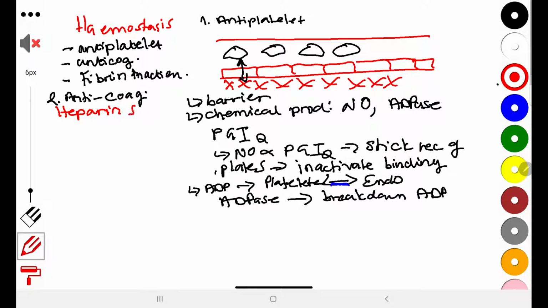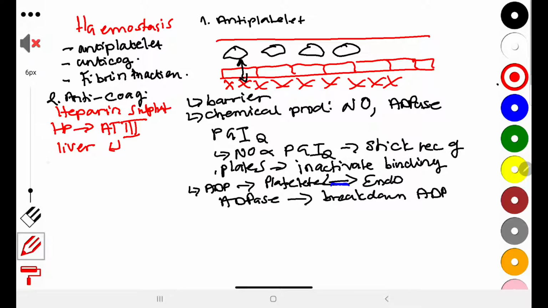Heparin sulfate is expressed on all endothelial cells. What does it do? It binds to antithrombin 3. Antithrombin 3 comes from the liver and is present in blood.